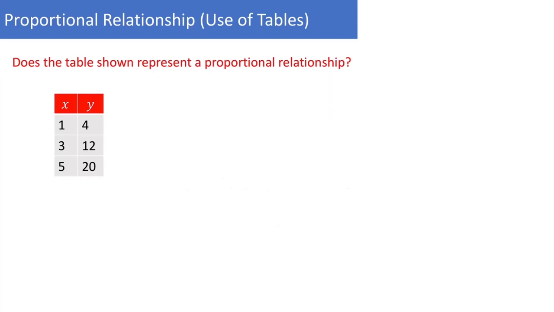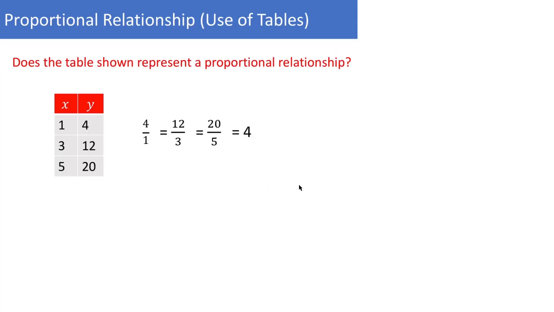Now let's see a proportional relationship using tables. Does the table shown represent a proportional relationship? We need to do y over x. 4 over 1, is it equal to 12 over 3? Yes. Is it equal to 20 over 5? Yes. They all equal 4.